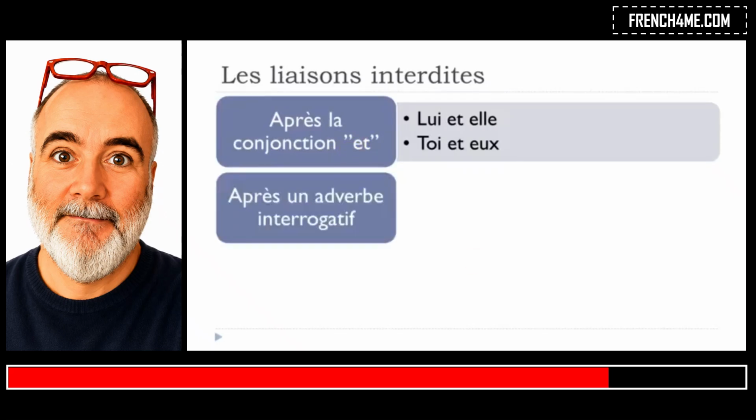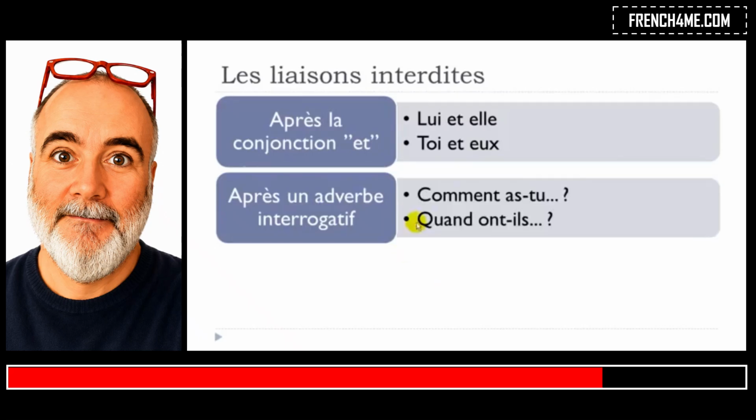Then after that we've got this structure in which you've got a question like here and here, and you start your question with an adverb. That's of course what we call adverbe interrogatif, because it's a question. So comment, how, as-tu? Do you have? Or have you?